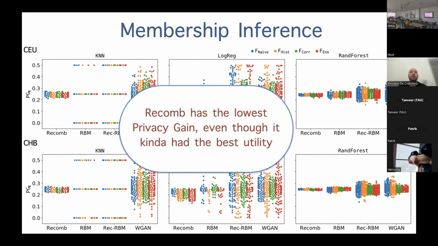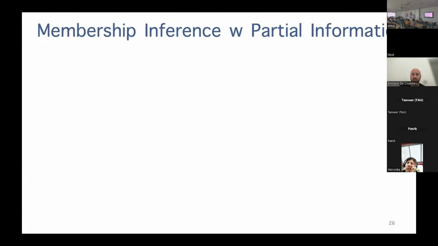We have some models that are okay with respect to utility on the tasks we experimented with, but they give us low privacy gain. So whether you give the adversary the synthetic data set or the real data set doesn't change much with respect to the adversary. Okay. Any questions?